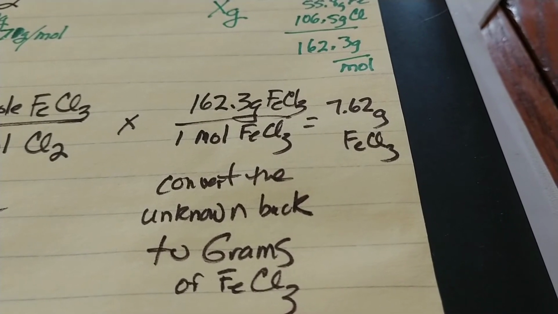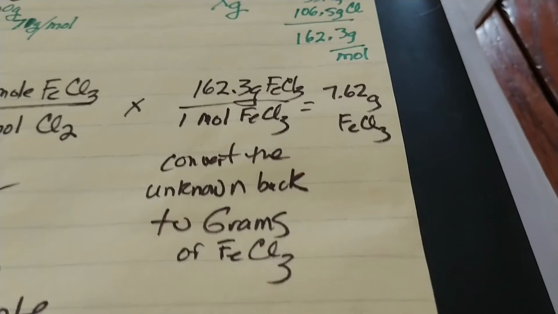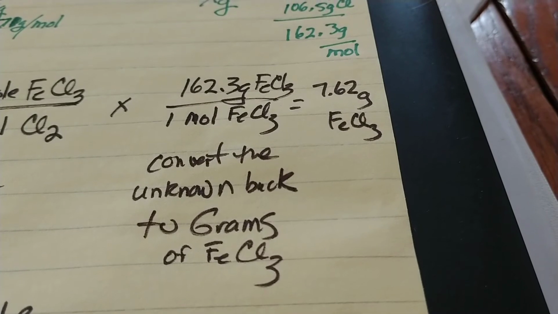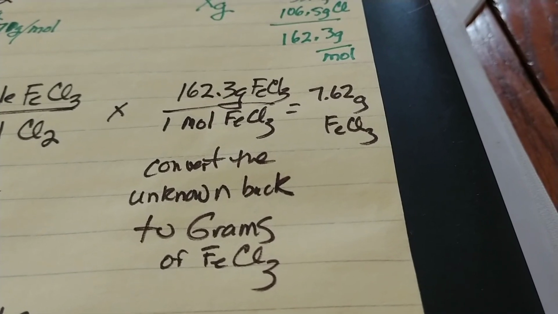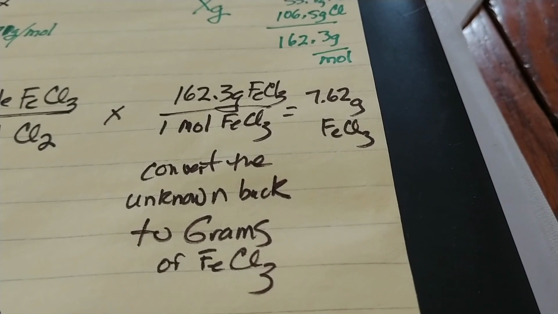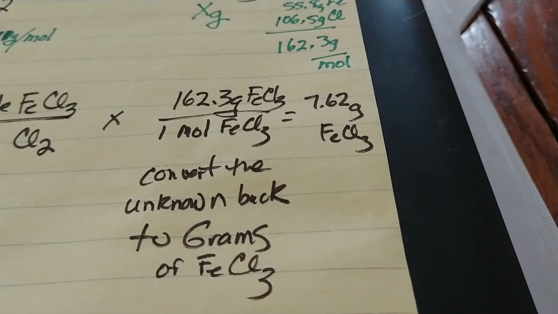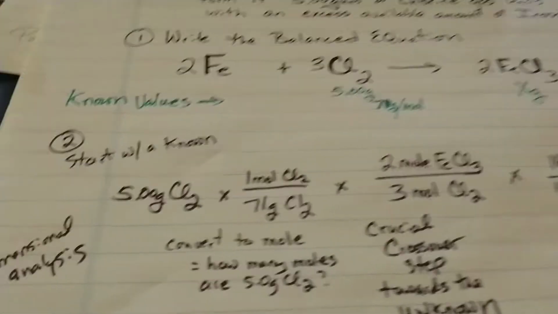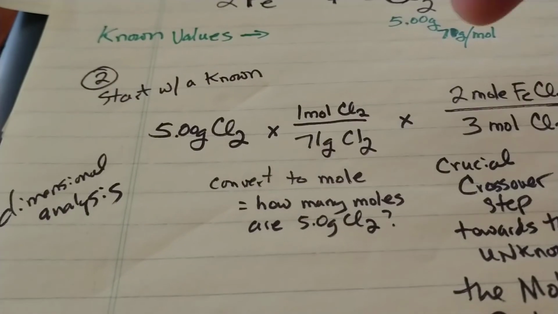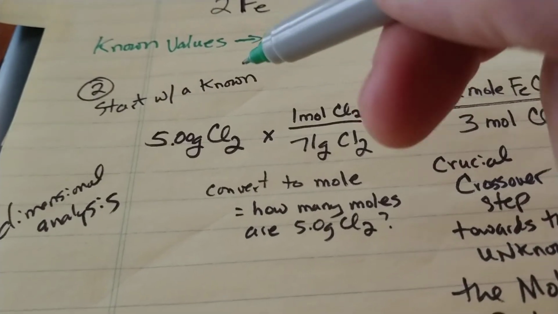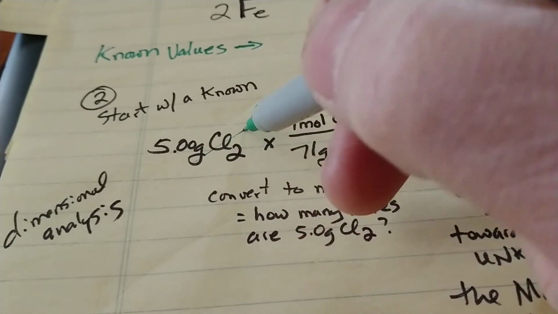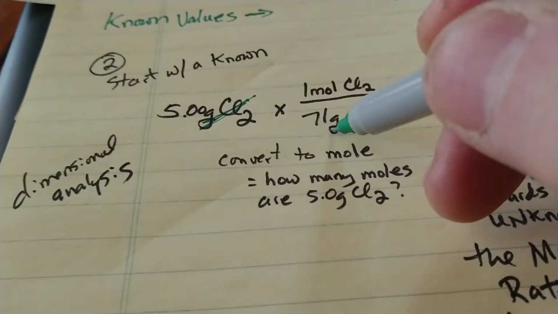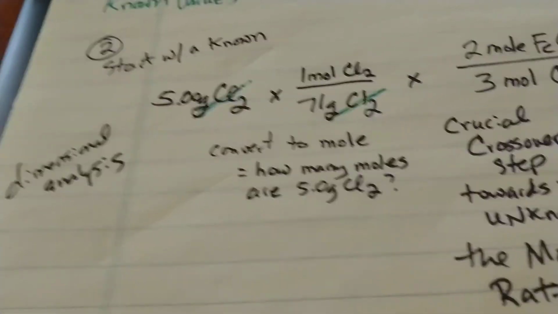So I just have to convert it back to grams of iron(III) chloride. Once I have the other values factored in, 162.3 grams of iron(III) chloride for every 1 mole of it, you will notice that in stoichiometry you can cancel units. The grams of chlorine cancel off.